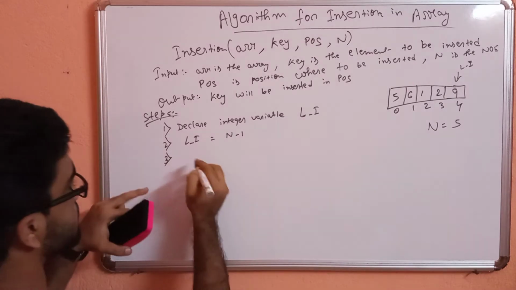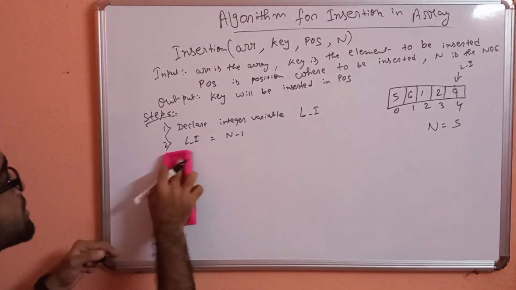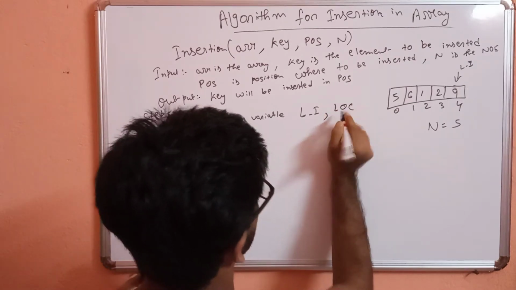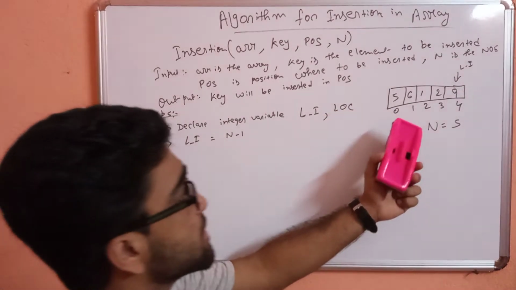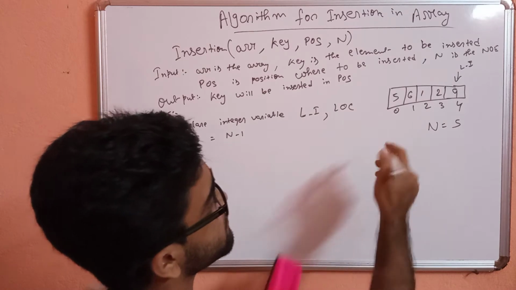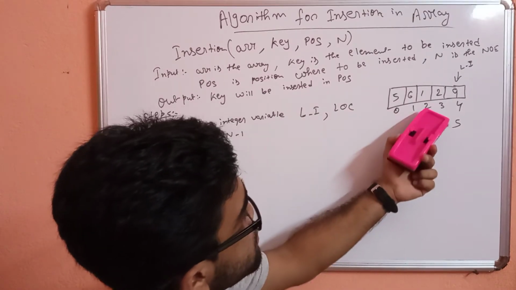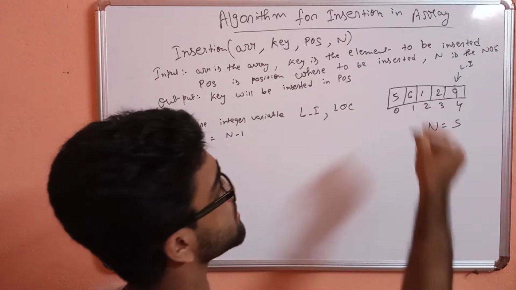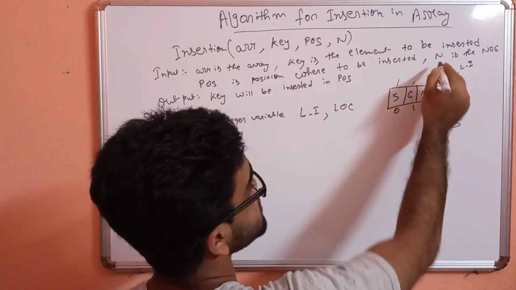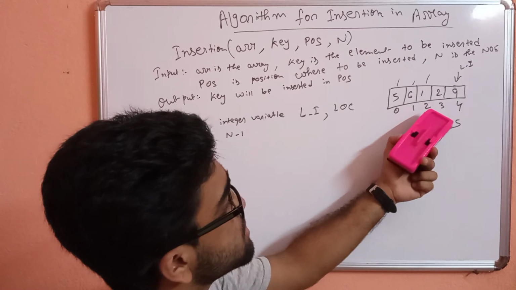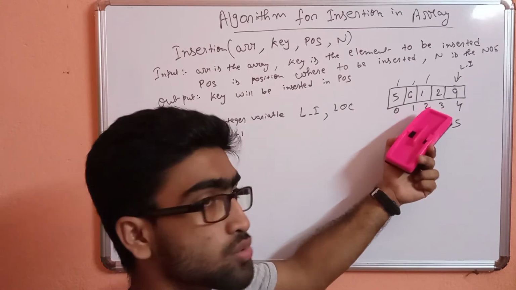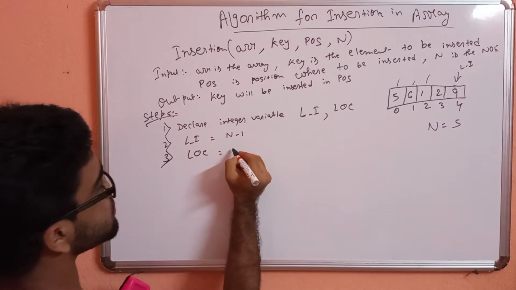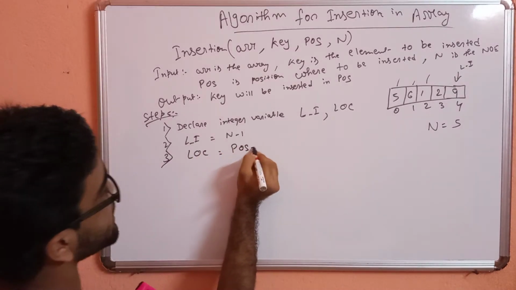Now a loop will run. Oh no, another thing. Declare integer variables li, comma, loc. loc is the location. If you want to insert at the 2nd index, then the position is 3. First position, second position, third position. Position 3 is location 2. So LOC equals POS minus 1.